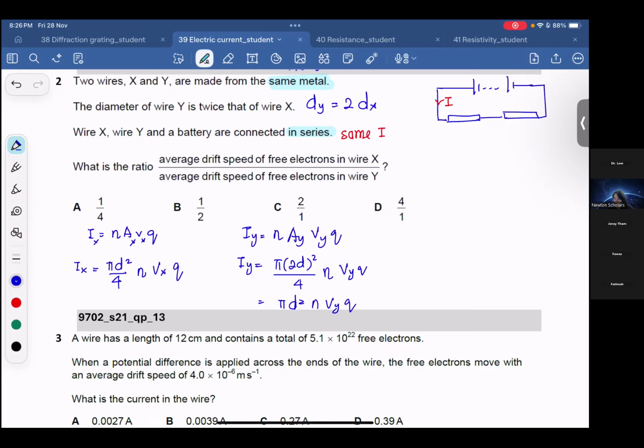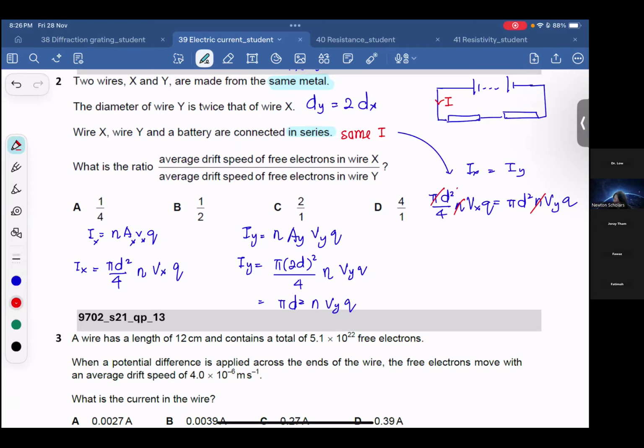Here, because we know it is the same current, I can use Ix equals Iy. So pi d squared over 4 times Vx q equals pi d squared times Vy q. Because their n is the same. They are the same material, so same n.